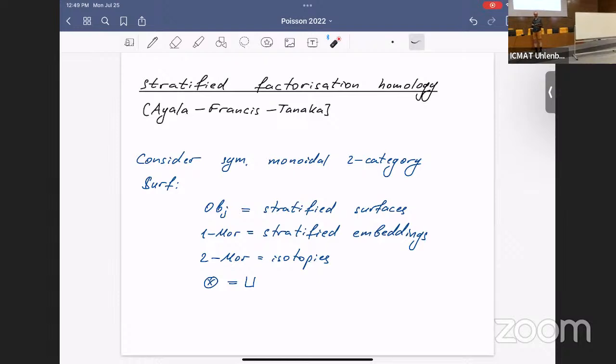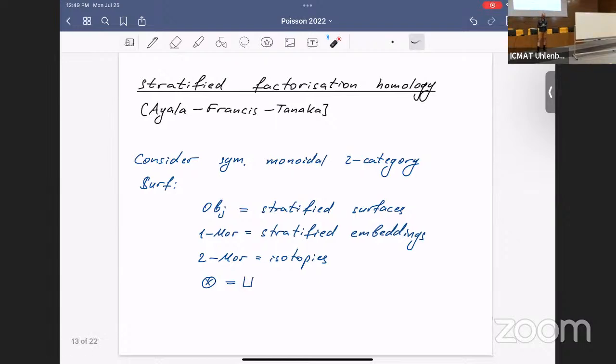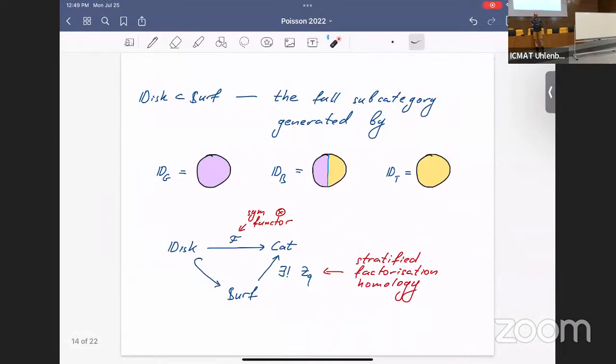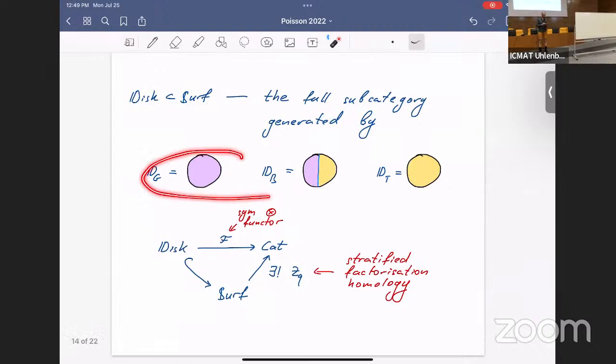Now, the monoidal structure is just given by disjoint union. So that's some very simple structure on surfaces. Now, inside that category, I can consider a full subcategory generated by these surfaces, right?